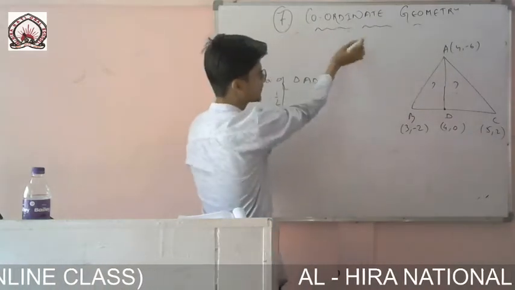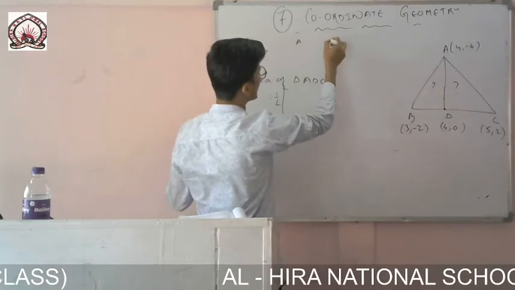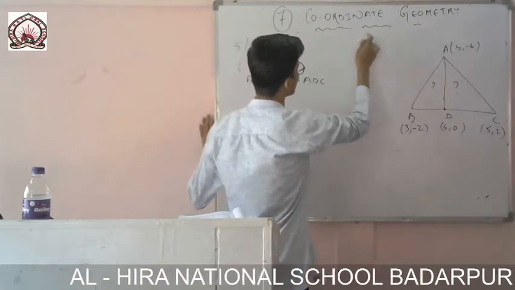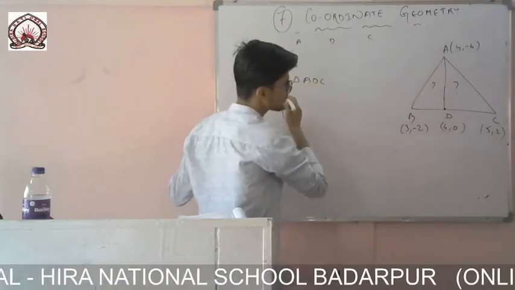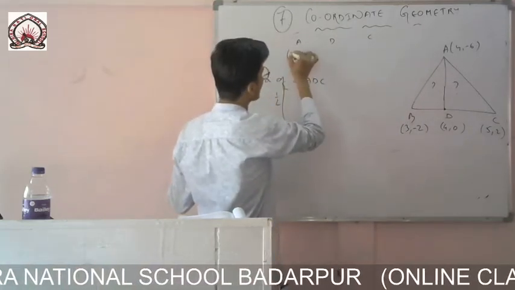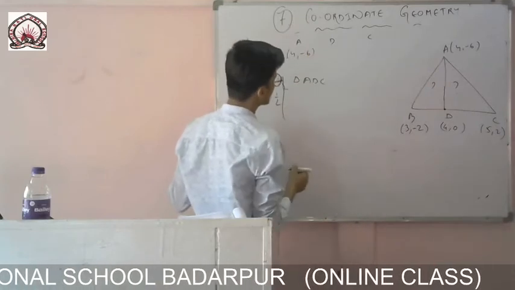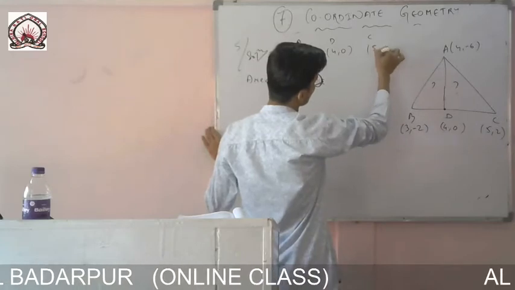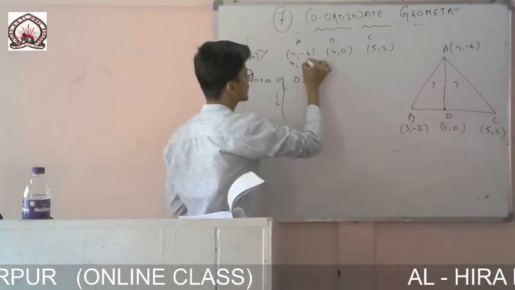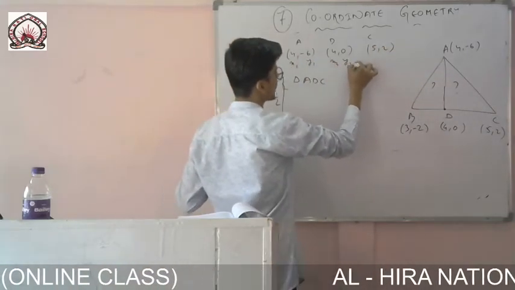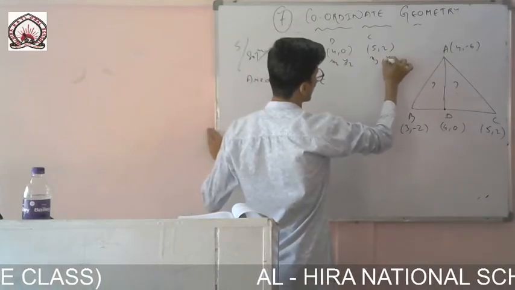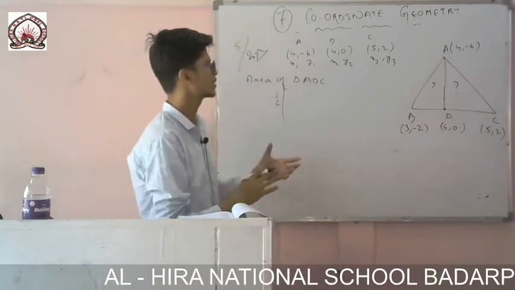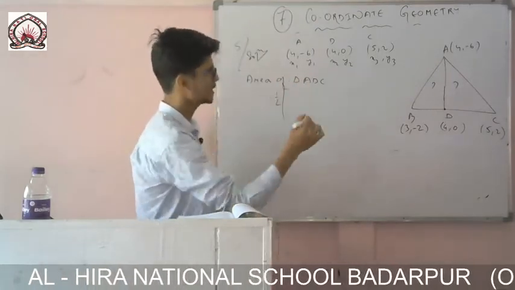Let me write in order: A, D, C. The coordinate of A is 4 comma minus 6, the coordinate of D is 4 comma 0, and the coordinate of C is 5 comma 2. So this is x1, y1, this is x2, y2, this is x3, y3. Those who get confused may make errors, so you can write like this on your rough side and solve it.